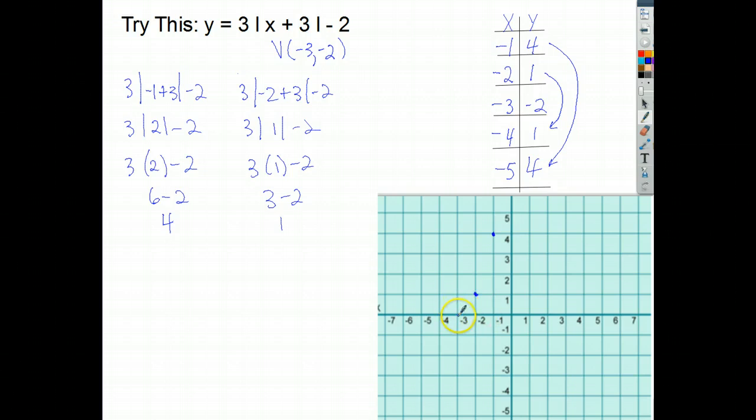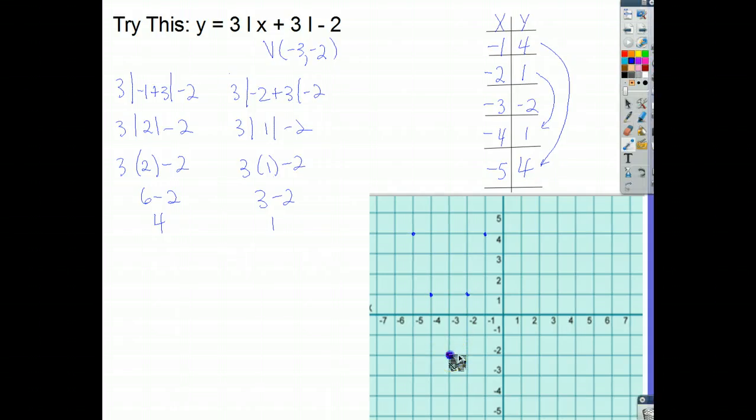Negative 3, negative 2. Negative 4, 1. Negative 5, 4. And connect the dots. And that's what our V looks like. Okay?